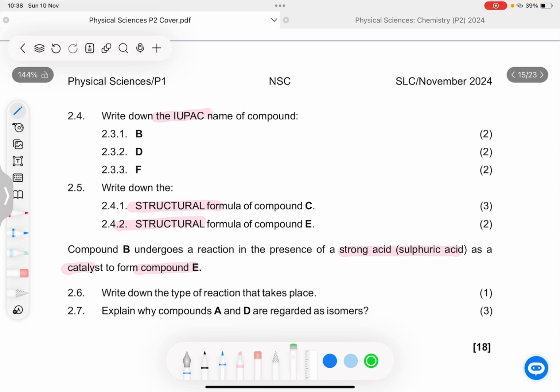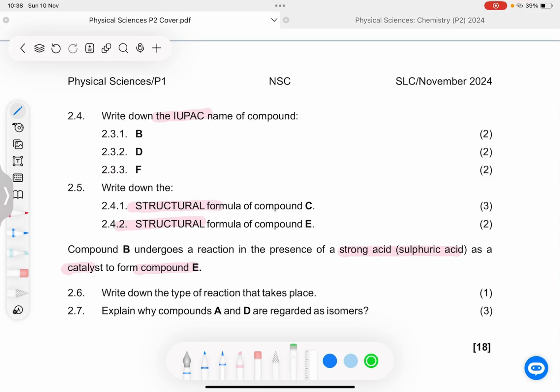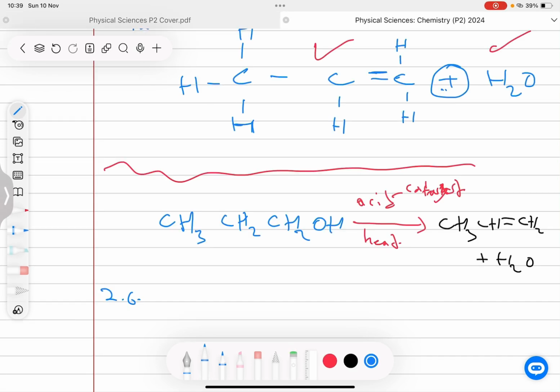So now let's see if we can answer the questions now. They say here, write down the type of reaction that takes place. I mean, this should come naturally from the fact that we already have seen the answer when we're breaking down or trying to understand the reaction itself. So this is a dehydration reaction.